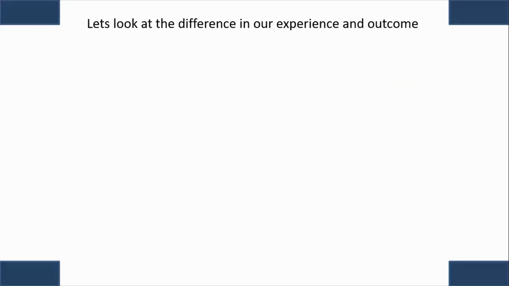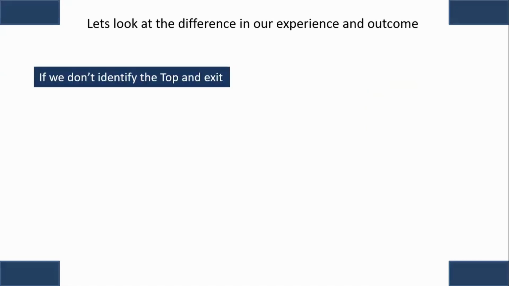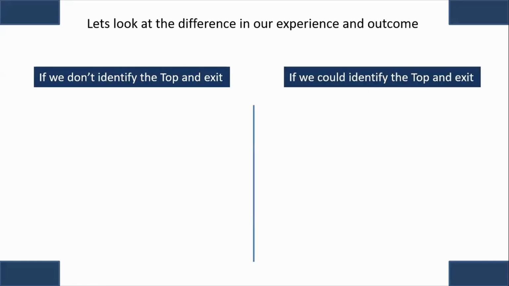So let's look at the difference in our experience and outcome in two choices. First, if we don't identify the top and exit, versus if we could identify the top and exit there. If we don't identify the top, then we will find ourselves in the bear market when the price has already fallen.